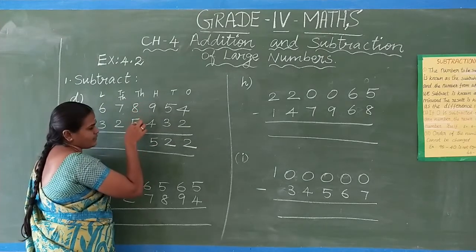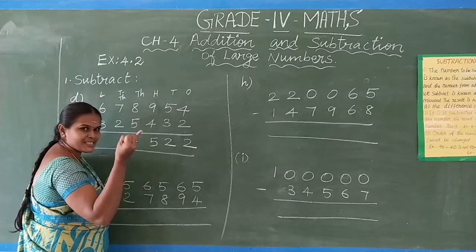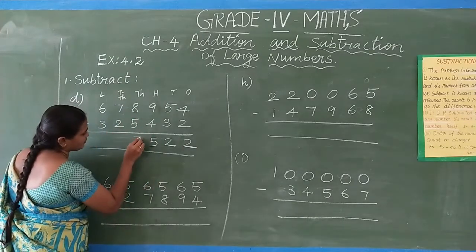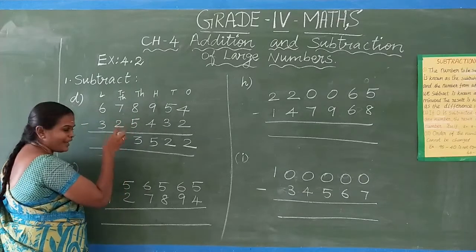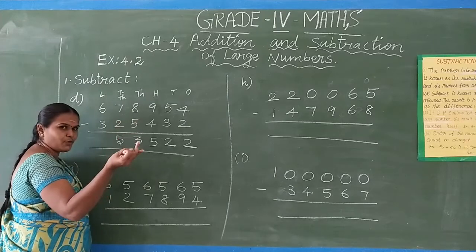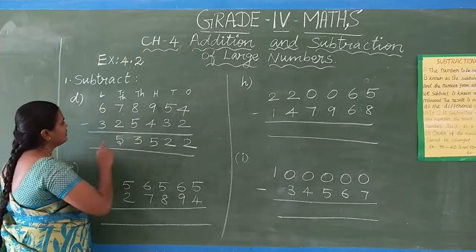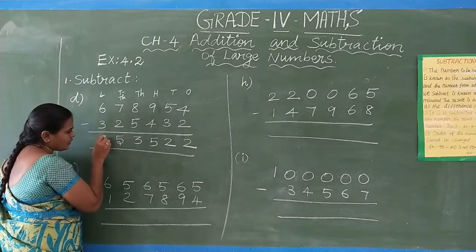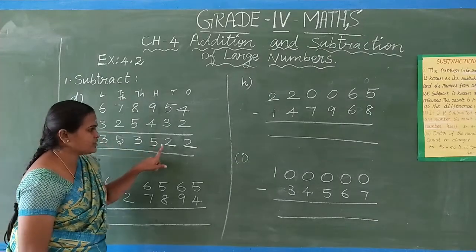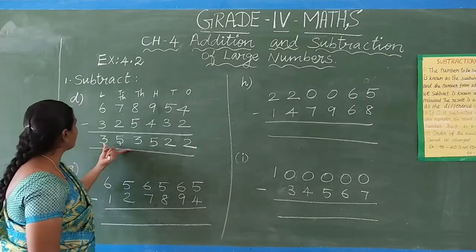So 8 minus 5. 5 after 6, 7, 8. So your answer is 3. 7 minus 2, like 5. Like the same method, 2 after 3, 4, 5, 6, 7. 6 minus 3, 3. So 3 lakh 53,522. So this is D sum.